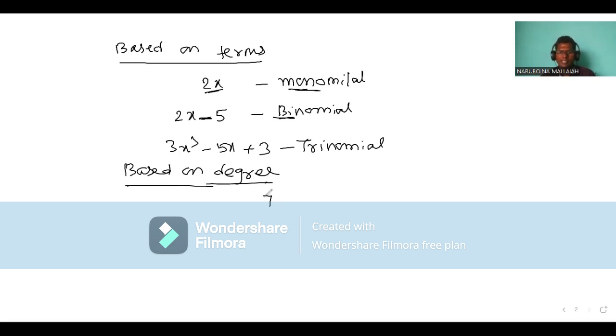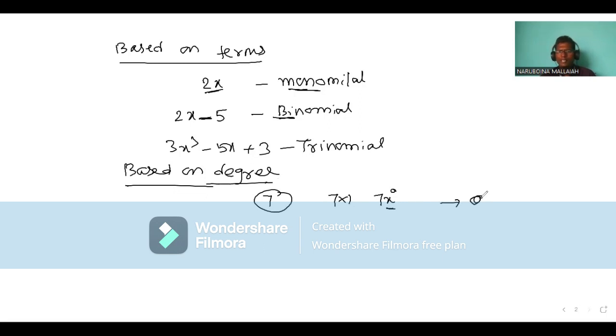See here, there is no exponent. 7 can be written as 7 times 1, which is 7. 1 can be written as x to the power 0. Now, this 7 is equal to 7x to the power of 0. Now, degree is the exponent of the variable. Here, variable is x, its exponent is 0. So, degree of this is 0.